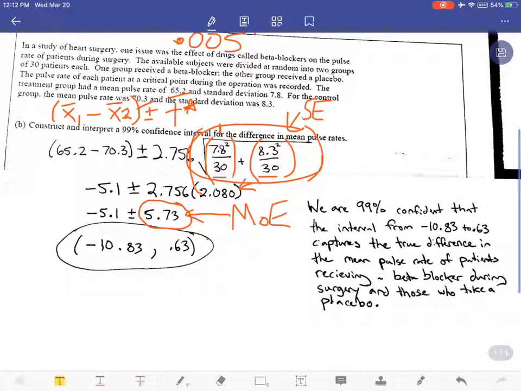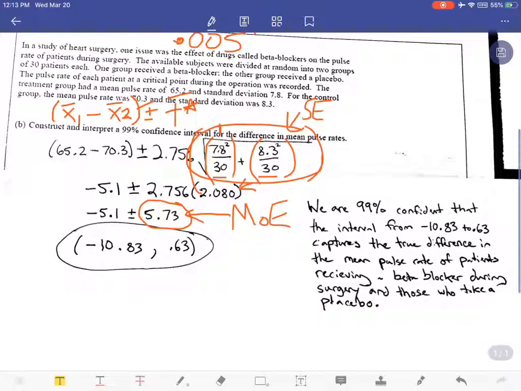We are 99% confident that the interval from negative 10.83 to 0.63 captures the true difference in the mean pulse rate of patients receiving a beta blocker during surgery and those who take a placebo. Again, we want to make sure that we have a concise, clear, contextual interpretation.